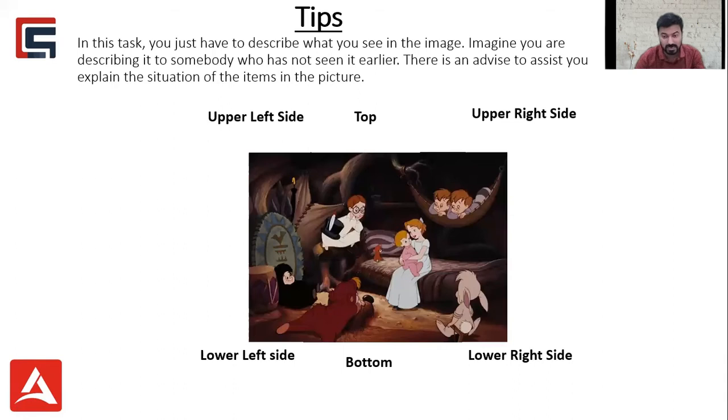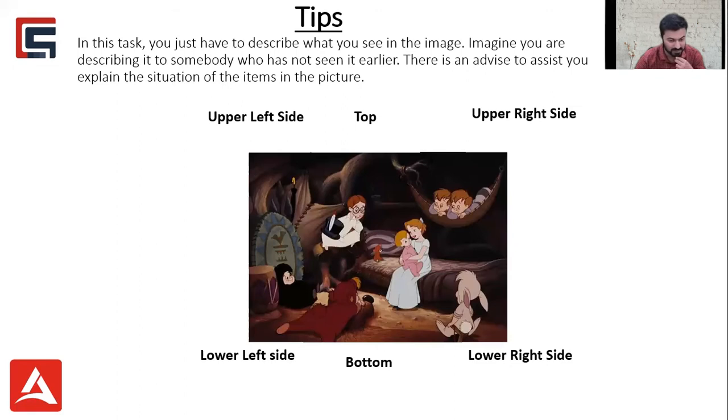On the upper right side, there are 2 babies. On the lower right side, there is another baby. At the bottom, there is one more baby in a red colored dress lying facing towards the woman.